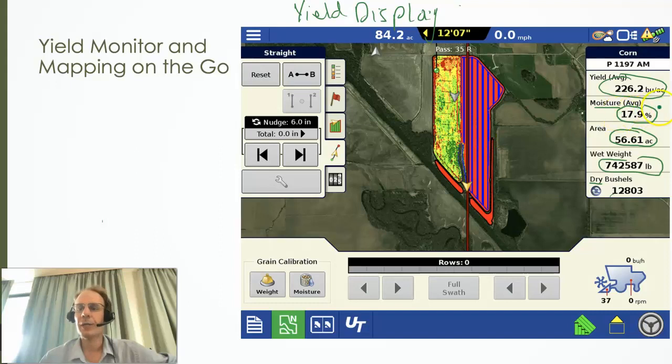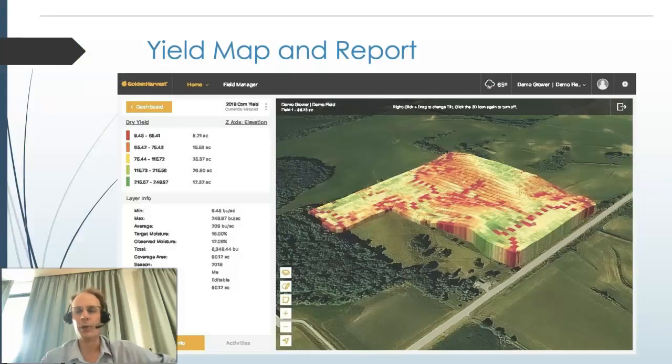It also gives you the yield average, and it can give you the yield for each location as you move through the field. At the end, you can export that data and create a yield report that includes a yield map.